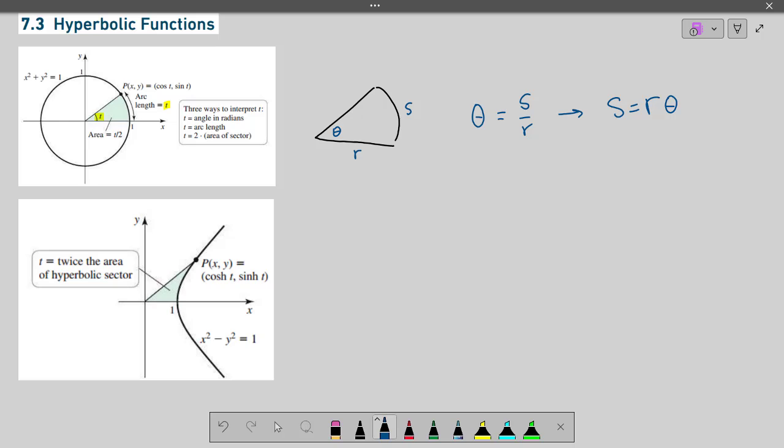But if you know you're measuring an angle, you don't have to put rad. It's understood. If it's degrees, you have to put the degree symbol. But if you don't put a unit on it, it's understood to be radians. You probably saw this in pre-calculus, where there's a formula that says the linear velocity is equal to the angular velocity times the radius.